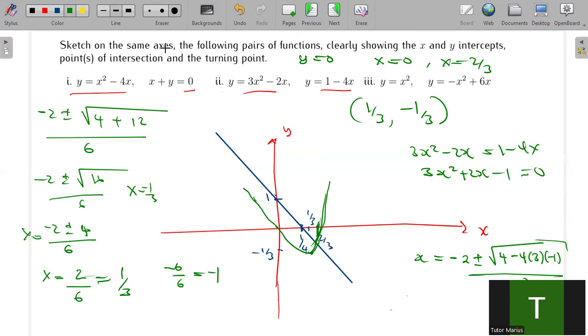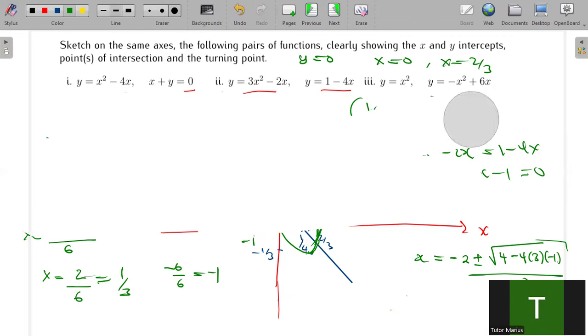Maybe I did not indicate it well here, but we understand that from here it goes all the way like that, and then all the way there. So this might be the other intersection, at negative 1. The intersections there you can label as 1 over 3 and negative 1, as we calculated here. Okay, so that's how you'd go about this question.